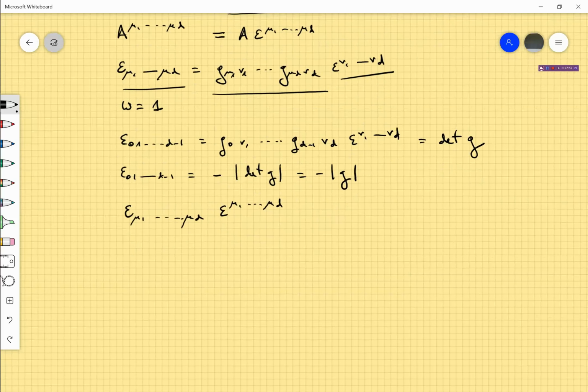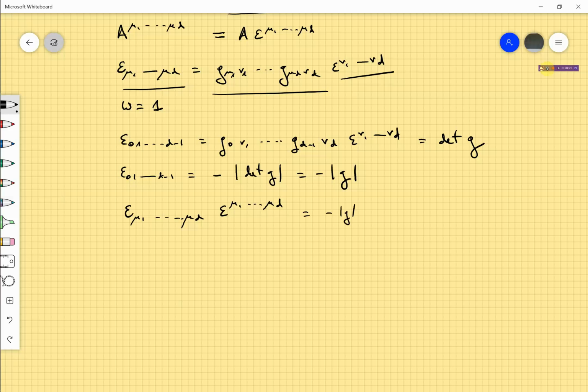And here you see that only the components which are different from 0 matter. How many are there? If I start with 0, 1 up to d minus 1 and permutations, there are d factorial different terms. The first of them is 0 blah blah blah and 0 blah blah blah, which gives me minus g.